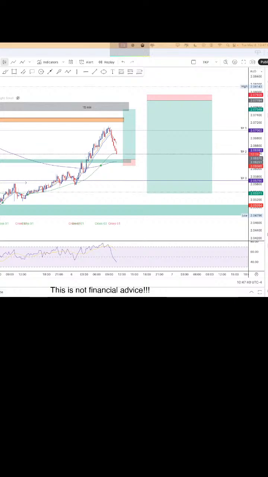Alright, pound AUD getting close to that entry. Went ahead and set that buy limit.